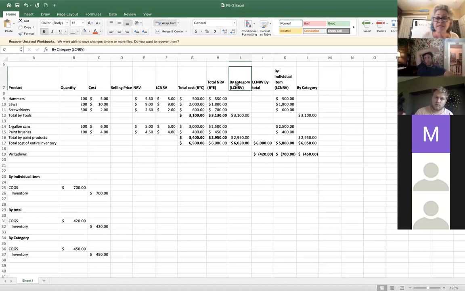Go to exercise 9.2 on page 492. Go to exercise 9.2, page 492. And see if you can calculate NRV. I want you to calculate NRV for each of the 5 products.